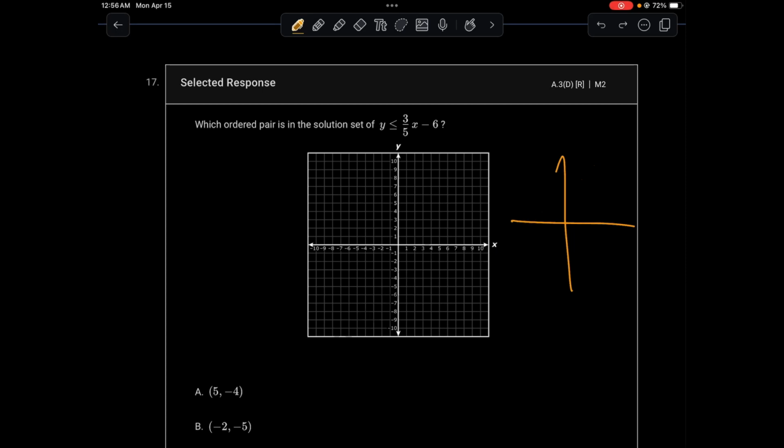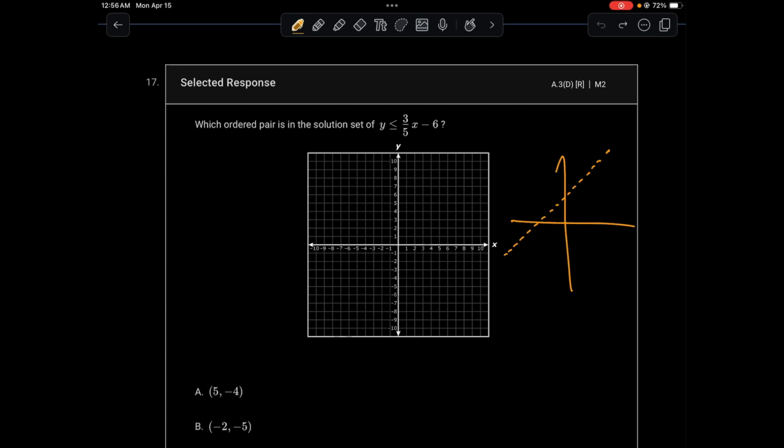Because it's equal, the line is going to be solid, meaning all the points on the line are part of the solution set, as opposed to when you have just less than but not equal, then we write the dashed line to indicate that points on the line are not in the solution set.